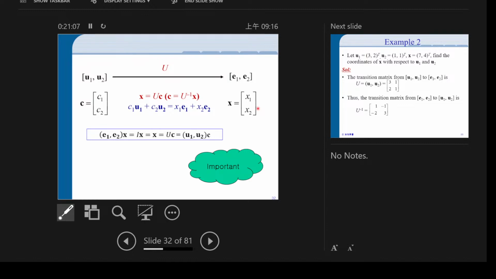Okay, and in terms of Rn, I think there is an easier way to memorize this thing.